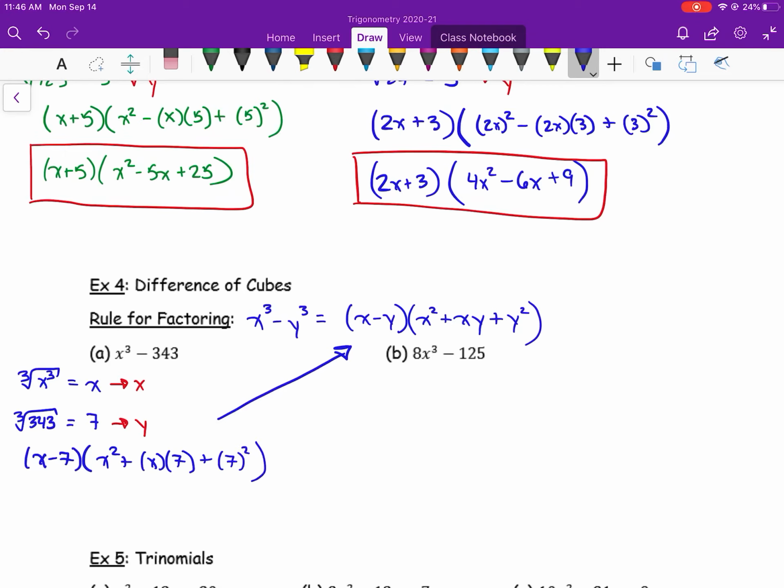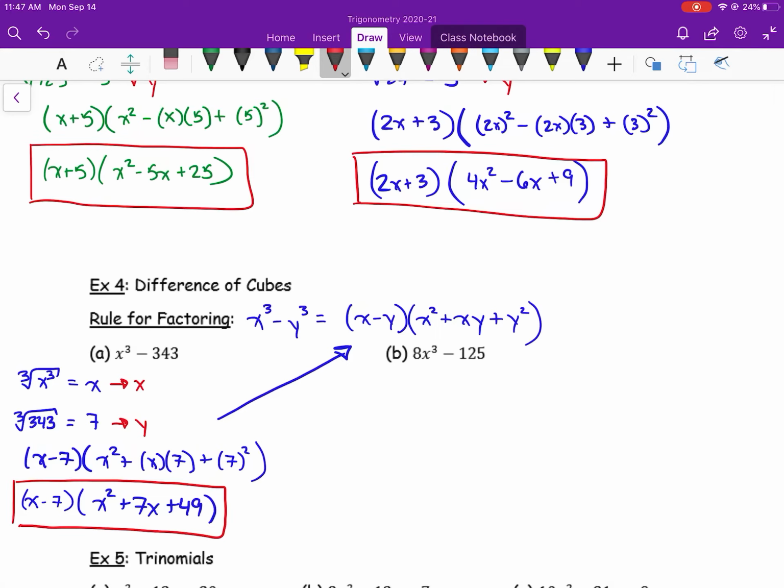So wherever you see y, you're just plugging in 7. Simplify it. x squared plus 7x plus 49. That trinomial there will never be factorable. The only way to solve something like that would be the quadratic formula. We're not doing that right now.